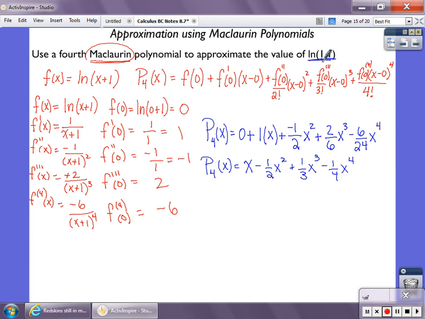Remember, this was for the natural log of x plus 1, so we're going to be substituting 0.1 in for x. 0.1 minus 1/2 times 0.1 squared plus 1/3 times 0.1 cubed and minus 1/4 times 0.1 raised to the fourth power. You can type that into your calculator and you'll get some number, and you can tell me what it is tomorrow in class.